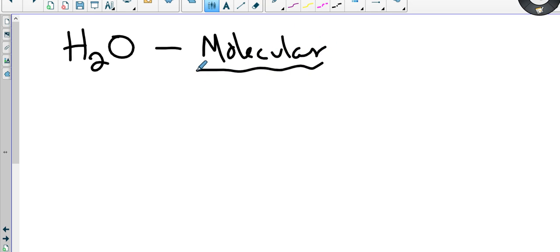Water is a molecule because it's covalent. Do you remember how ionic things aren't molecules? Ionic things are called formula units. So like this sodium chloride, that is a formula unit. Water is a molecule because it's covalent. Sodium chloride is a formula unit because it's ionic.